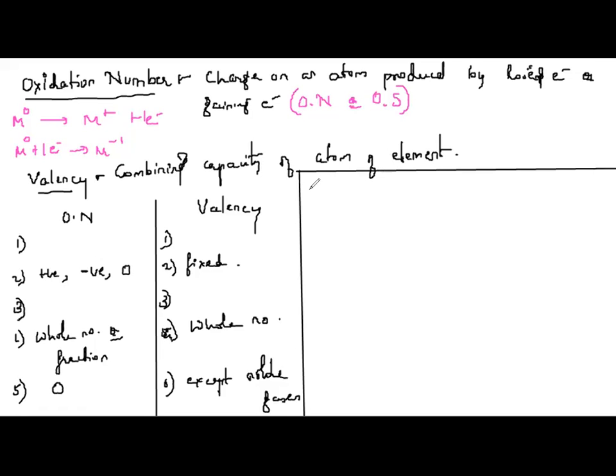See, the first point is when an element forms 2 monoatomic cations. For example, copper will lose 1 electron and form Cu plus. And sometimes in some other compounds, it will lose 2 electrons and form Cu plus 2. So in this case, oxidation number is 1, and here oxidation number is 2.